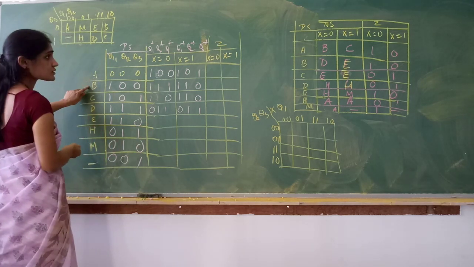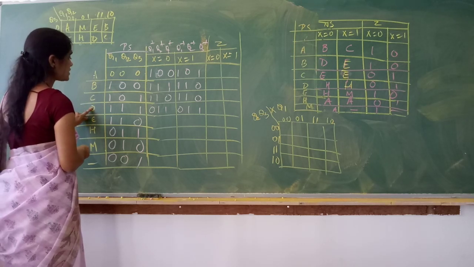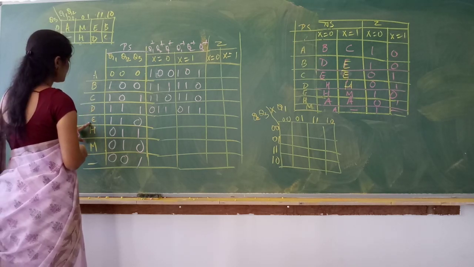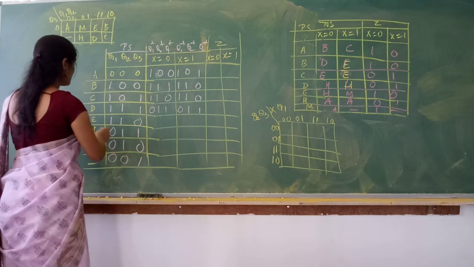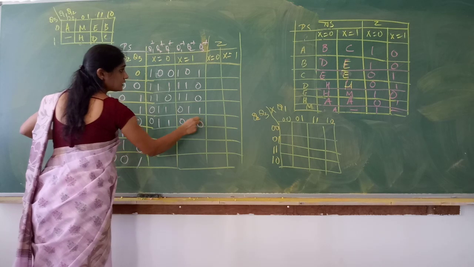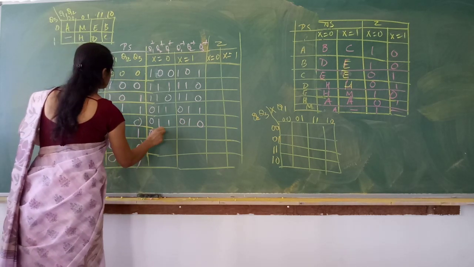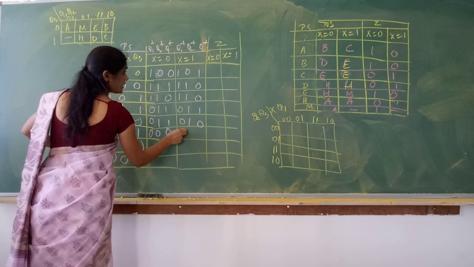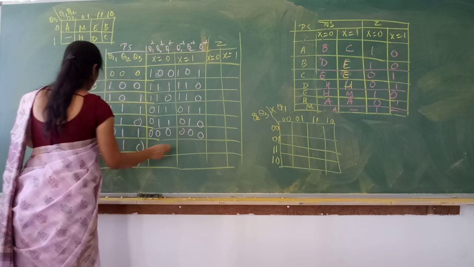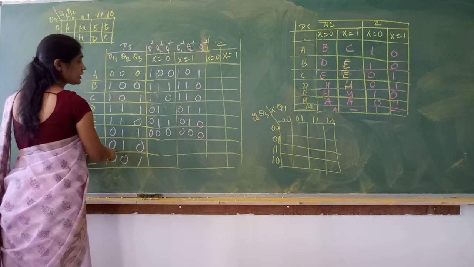Somewhere I made a mistake. This is B, this is C, this is D, this is E, and this is H. E is what? H is 0, 1, 1, M is 0, 1, 0. Then H goes to A. What is A? 0, 0, 0. This is also A, right? 0, 0, 0. And for M, A is the next state.